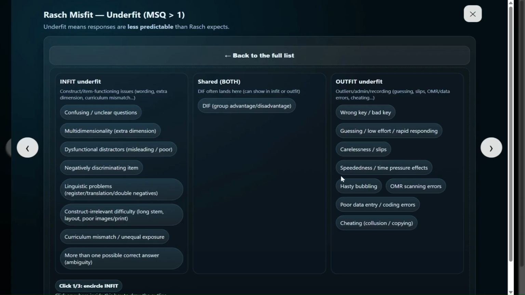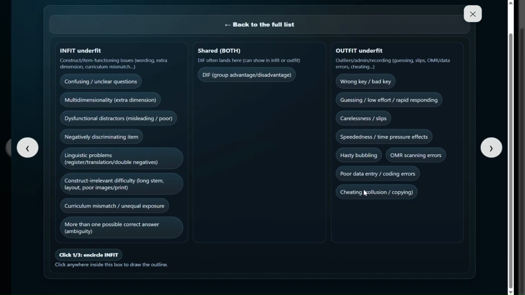Or hasty bubbling, when they shade the bubble in a bad way that the OMR machine will read it wrongly and will cause OMR scanning errors, or during the bubbling, he will bubble the wrong answer. Sometimes poor data entry. Sometimes problems happen with data entry and coding error. This is iatrogenic, not due to the students.